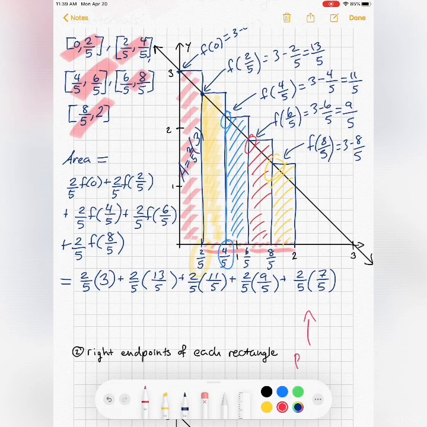So this is my Riemann sum I'm using to estimate the area. Then I just have to do the arithmetic.